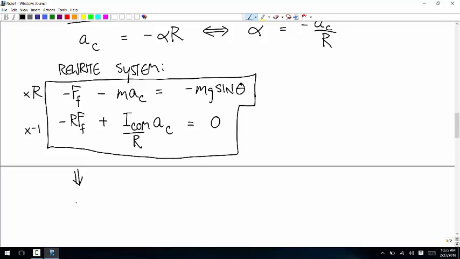And we get negative RFF minus RM AC is equal to negative RMG sine theta.